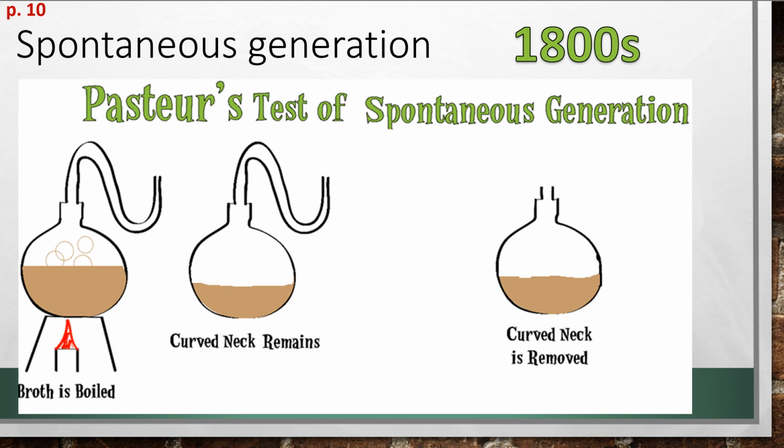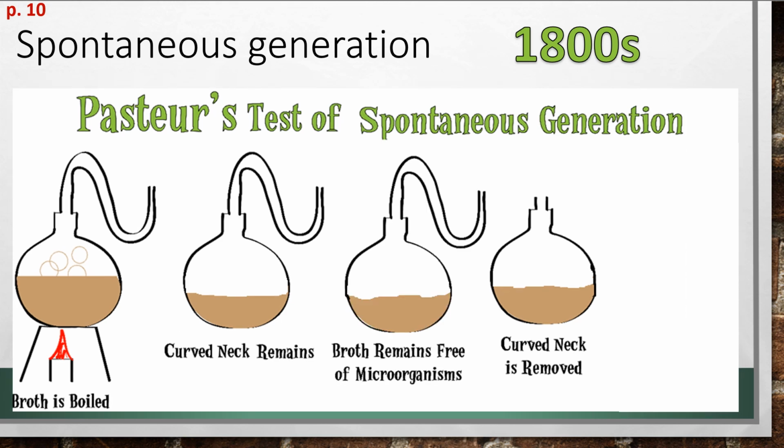One of them had what's called a gooseneck valve, which didn't let air flow into it because of the natural curve of the glass, but the gases could escape. And then he had one where he just had an open valve. There wasn't anything to prevent the gases from going in and out. So when we looked at what happened, the beef broth with the gooseneck tubing on it didn't change.